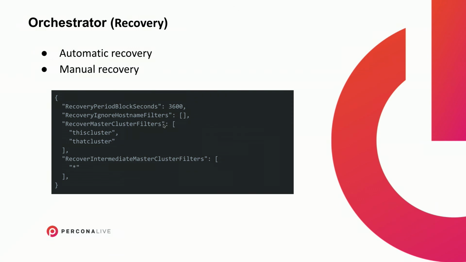If it does the failover once and your MySQL is still crashing, once the failover is done it will block for 3600 seconds for the next failover. It will not do the failover till that time. You can increase or decrease it as per your needs. This is the Orchestrator configuration.